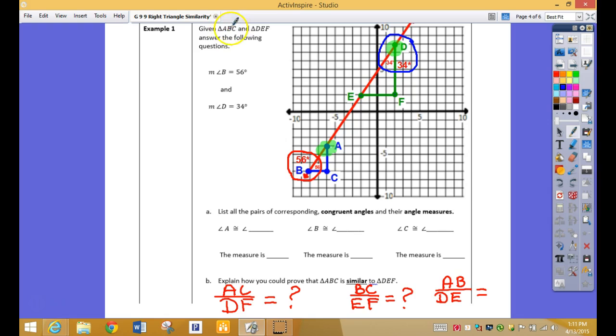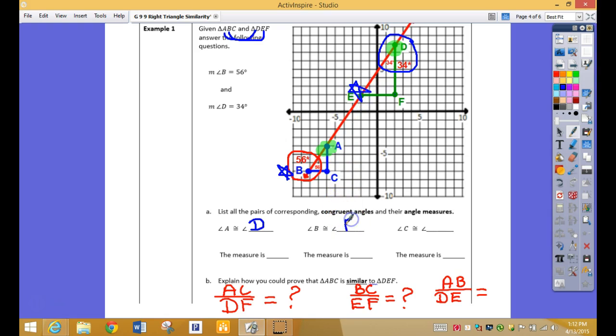We can look up here, ABC, DEF. A is to D. Alright, so we'll put the letter D there. How about B? B is congruent to what? B and E. So those are congruent.